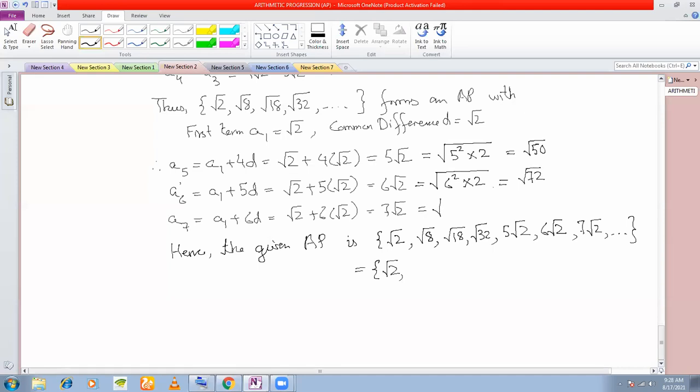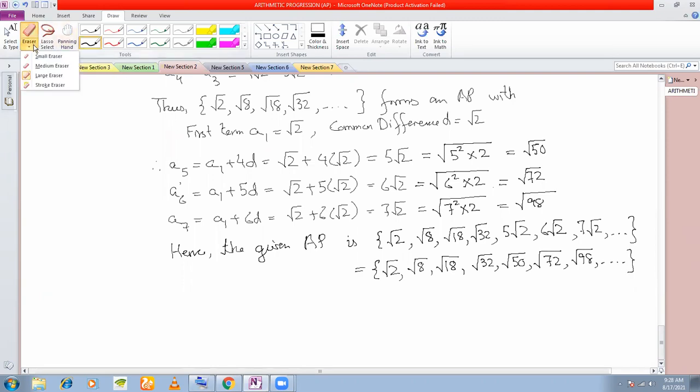And 7 root 2 can be written as root of 7 square into 2, which is root 49 into 2, which is 98. So this is root 2, root 8, root 18, root 32, root 50, root 72, and root 98, and so on. Okay, so that finishes this part.